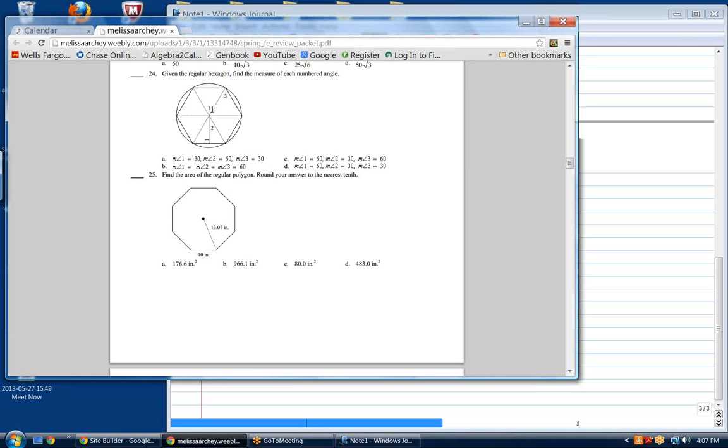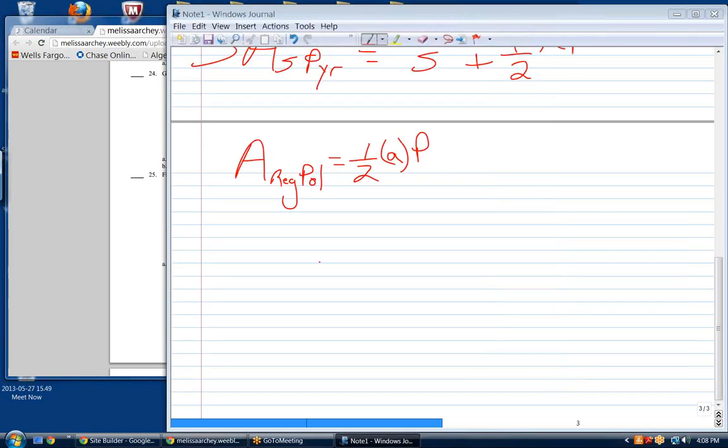But if I had a, well, I guess no shape gives you 80 as a central angle, so let's look at a septagon. Let's take a 7-sided figure. The 7-sided figure is going to have a central angle of what? You said 52.